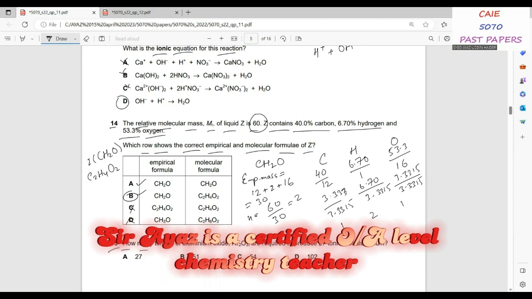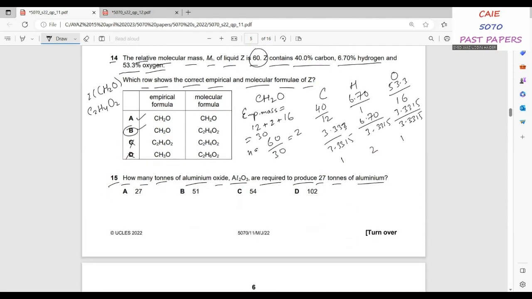Number 15, how many tons of aluminum oxide Al2O3 are required to produce 27 tons of aluminum? I'm writing the equation. Al2O3 gives Al plus O2. If you balance the equation, we'll get 2Al2O3 gives 4Al plus 3O2.